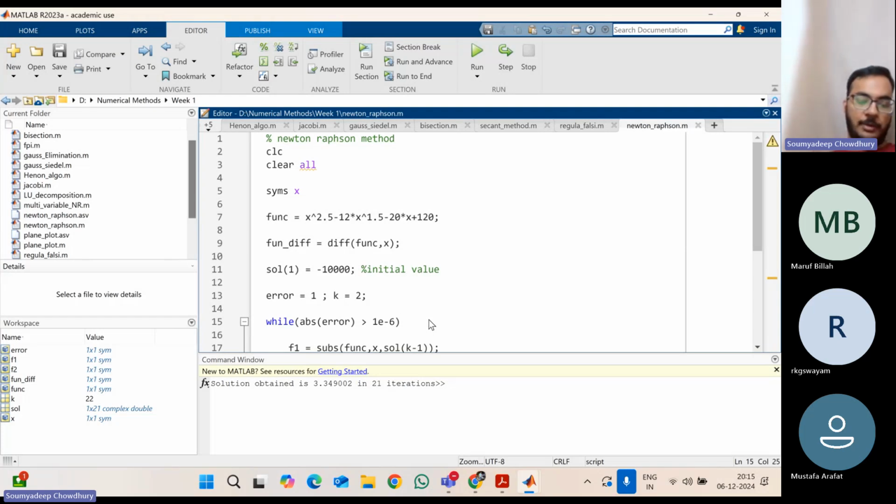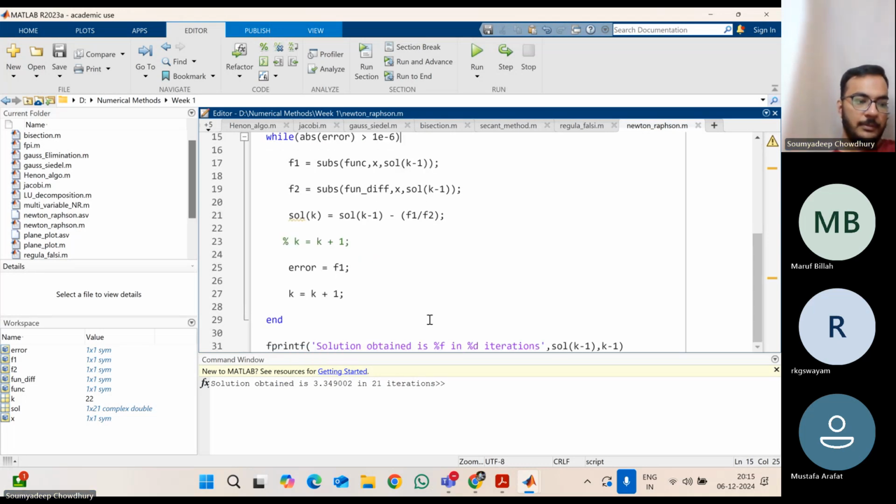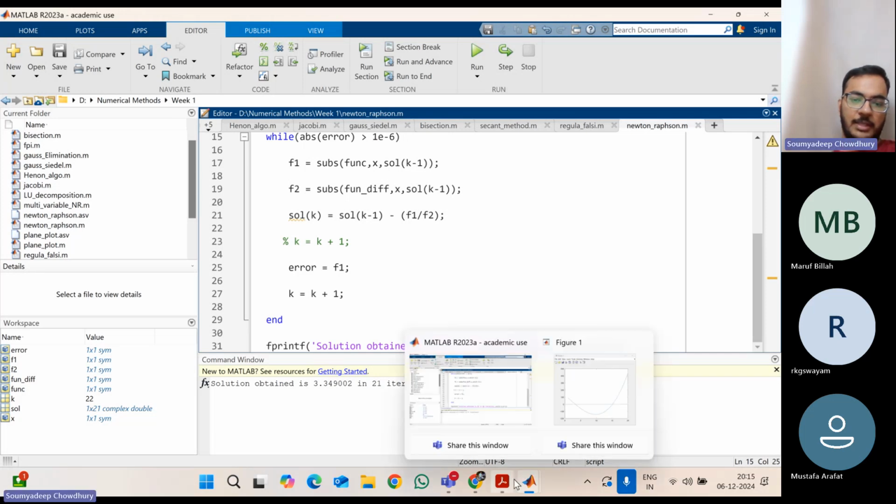You can see the number of iterations is increasing as you deviate from the solution. But yes, sometimes it happens that because of the initial guess, you will not get convergence in the Newton-Raphson method. Is it clear? Any doubts?